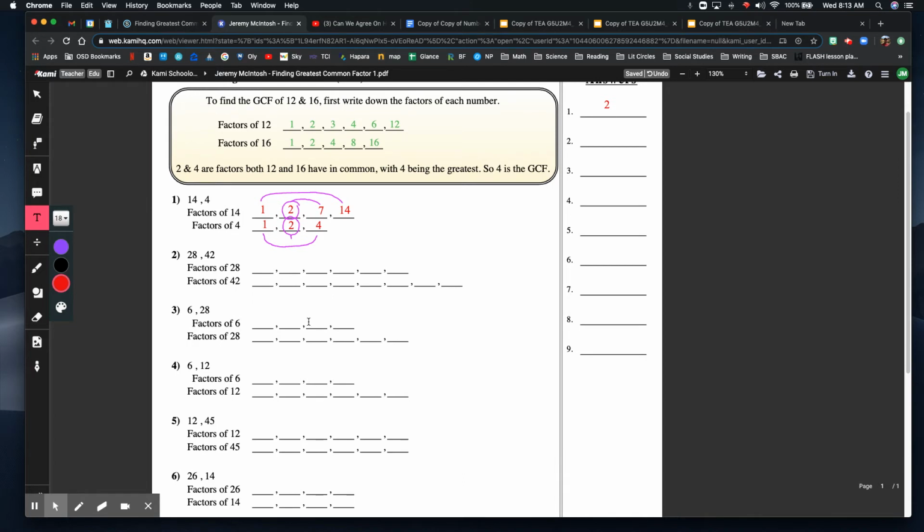Okay? So I'm going to do the next one here, 28 and 42. Factors of 28. Let's start with, of course, 1 and 28. All right, so we have 1 and 28, so we have 2 more factor pairs because I have 4 numbers left. So I know I'm going to be matching 2 more numbers. Well, 28 is an even number, so I know that will multiply by 2.